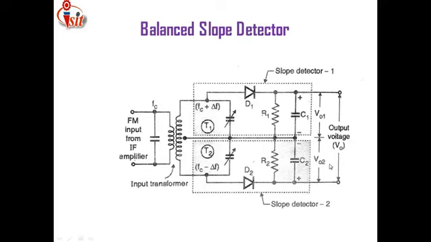That means it is the difference between the output introduced by slope detector 1 and the output introduced by slope detector 2, that is V02. The operation of this balanced slope detector is totally dependent upon three conditions. What are these three conditions?